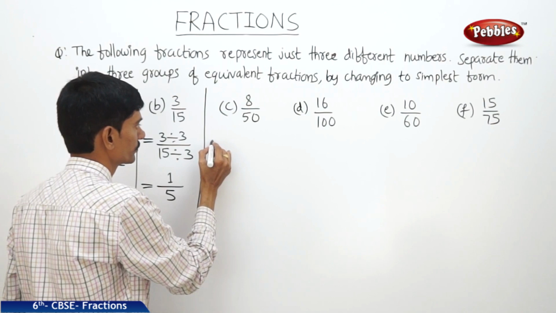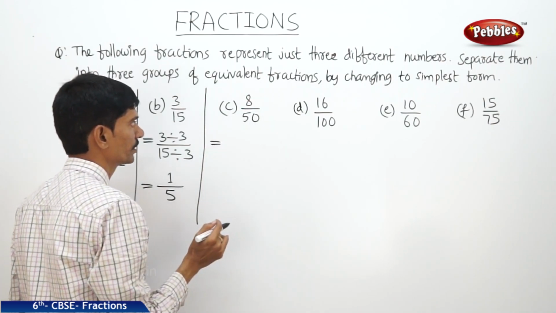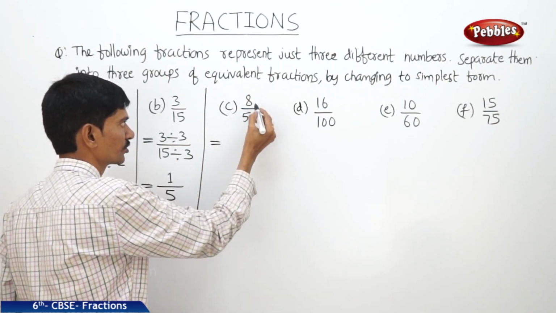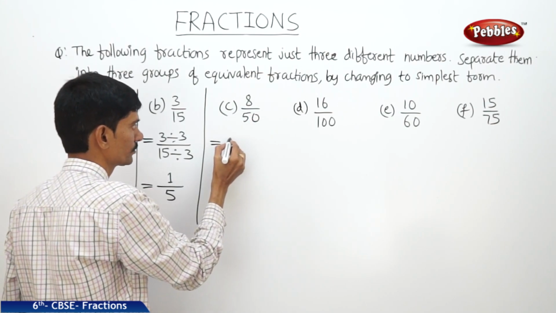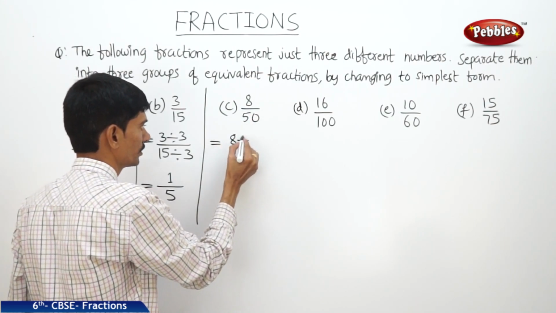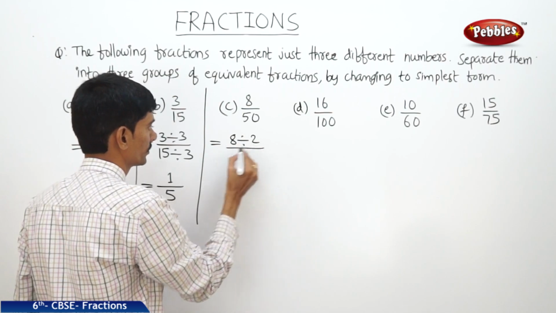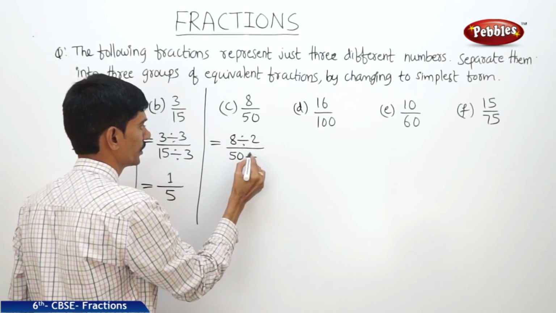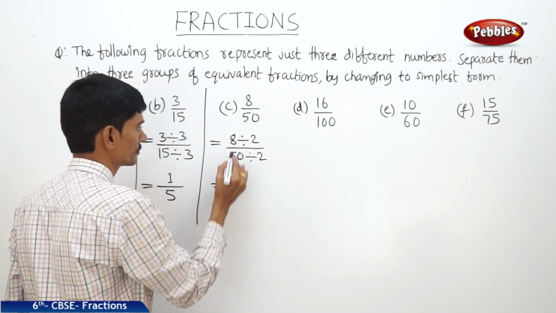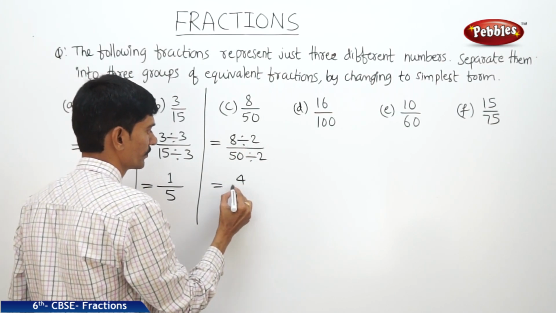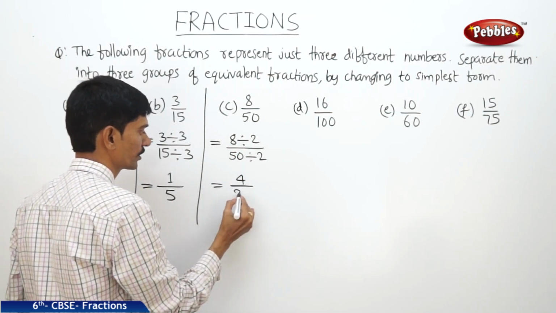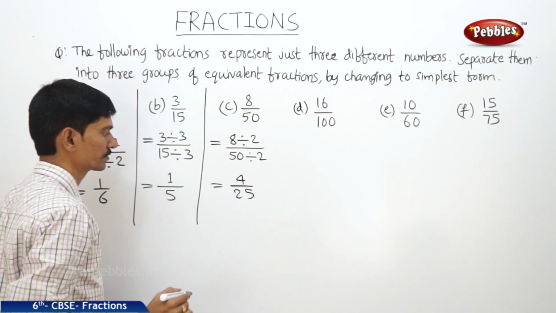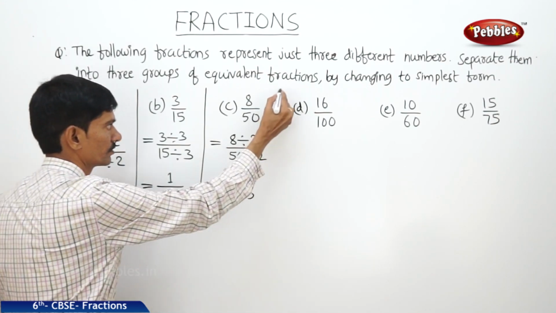Here both numerator and denominator are divided by 2. So 8 divided by 2 by 50 divided by 2 equals 8 by 2 is 4, 50 by 2 is 25. So it represents 4 by 25.